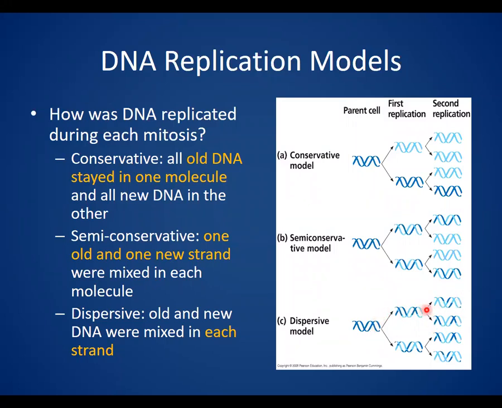The amount of old would be decreasing every generation, but everybody would get a little bit of it. This didn't make much sense in terms of fidelity, right? Keeping the genetic information the same from parent to offspring, but it was a theoretical possibility, so it had to be considered. All of these could not be right. They're mutually exclusive. Only one of them can be right.